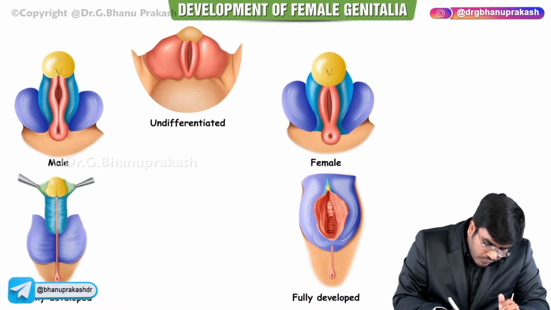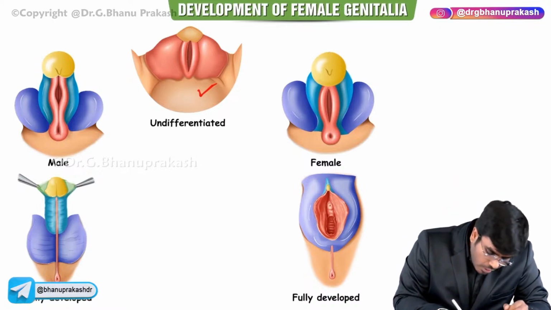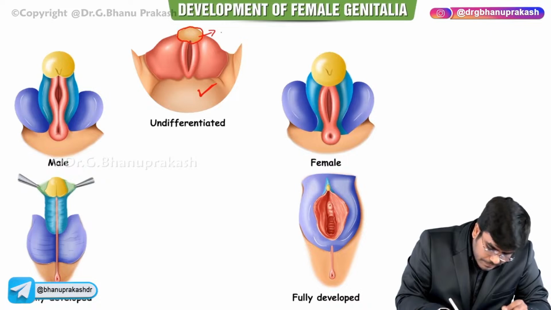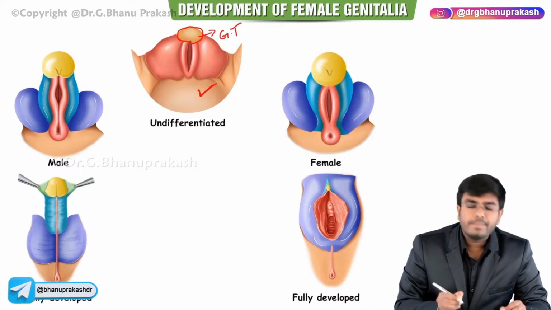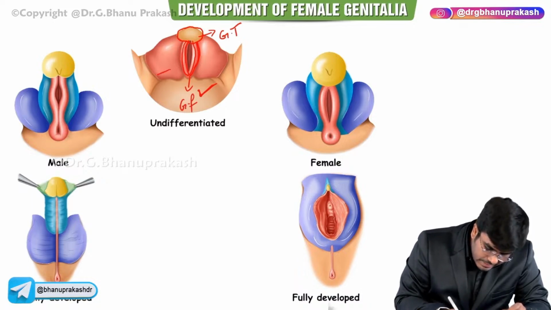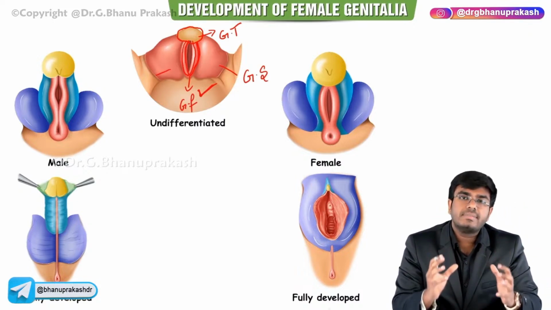Guys, this is the undifferentiated state of the external reproductive organs. For example, this yellow area which you are seeing here is nothing but the genital tubercle. These midline swellings which you are seeing over here are the genital folds, and these lateral swellings are the genital swellings: genital tubercle, genital folds, and genital swellings.